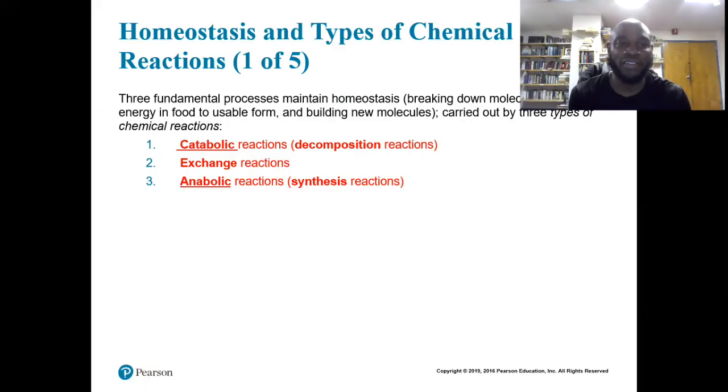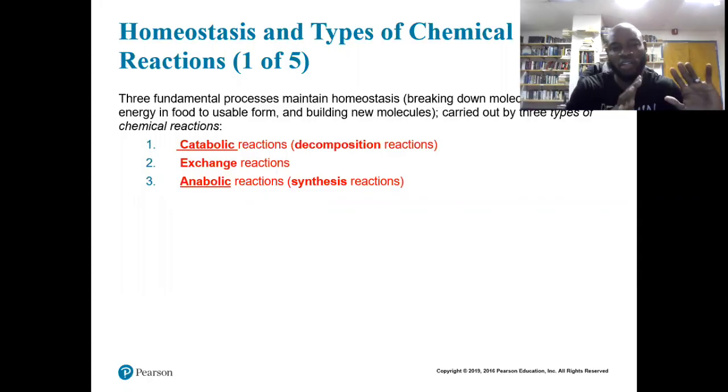So here we have three fundamental processes that maintain homeostasis. These three types of reactions are catabolic, breaking things down, exchange reactions, where we go from two things to sort of the same two things, and then anabolic reactions, building things up.